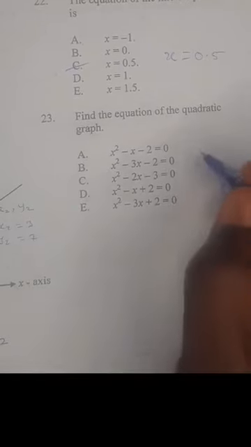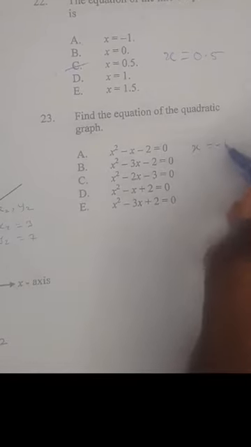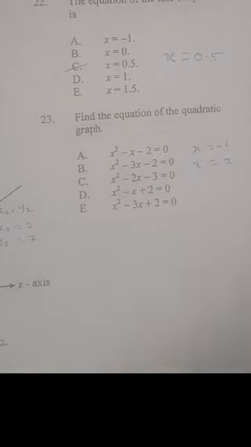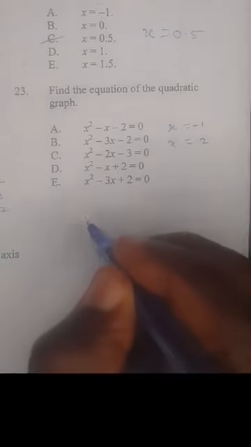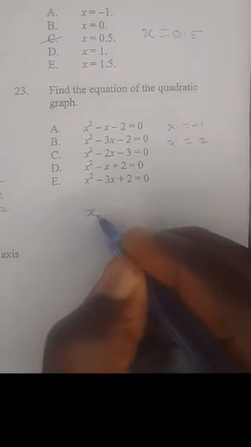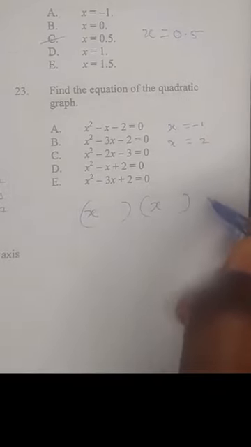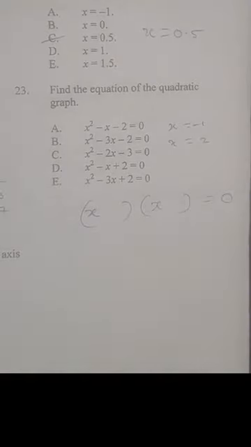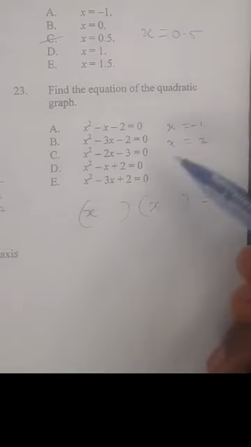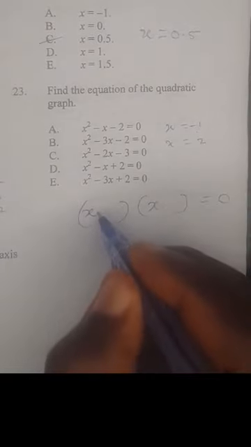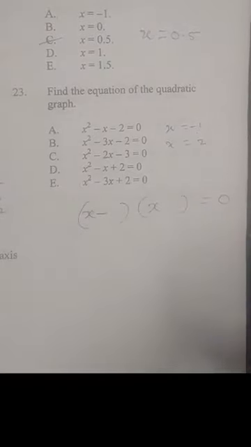If the roots are x equals -1 and x equals 2, then getting the equation is very, very simple. What we will do is open a bracket x, close, open another bracket x, and then close the bracket, equated to 0. The first root is x equals -1, so we normally have a negative sign there.